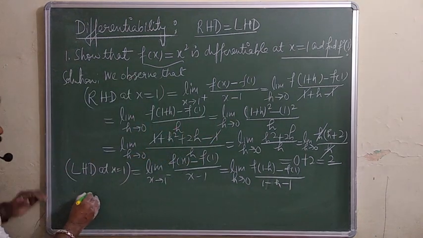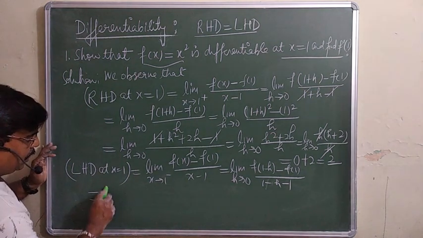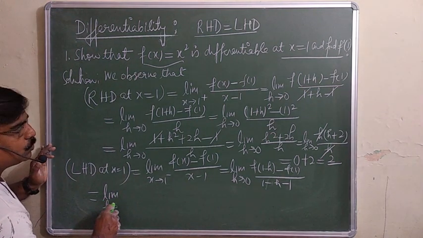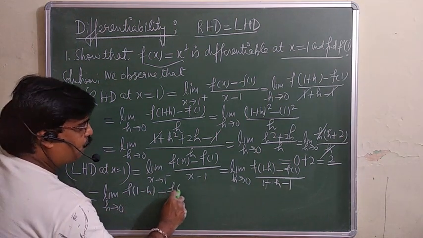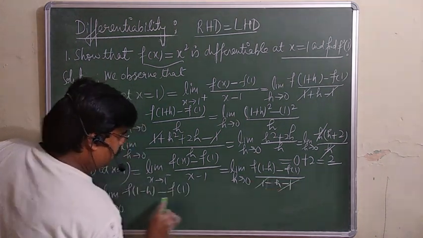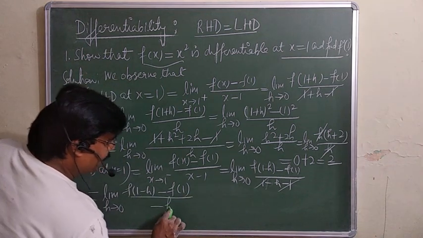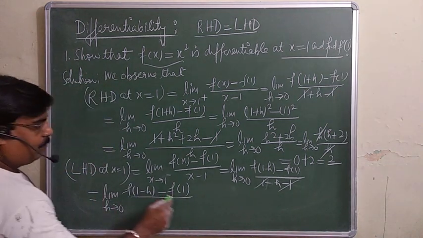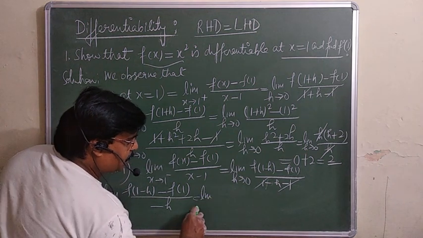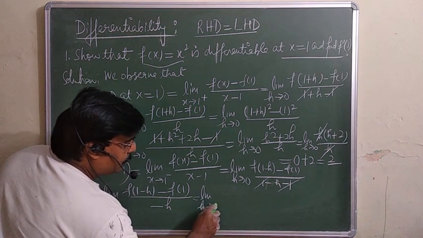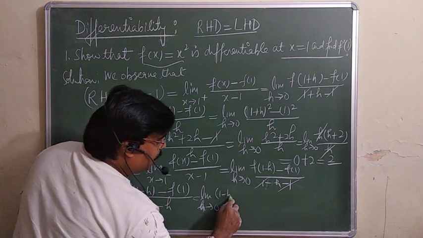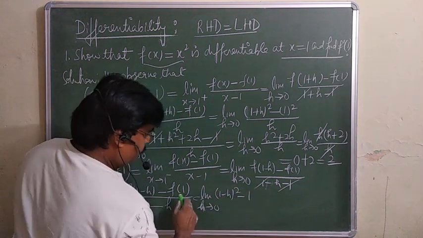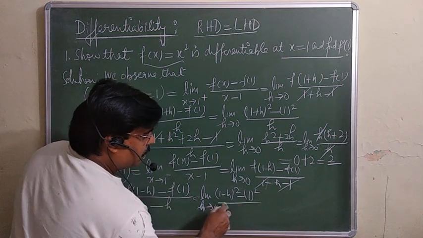Finally you can cancel, getting minus h in the denominator. Now f(x) is equal to x square, so this will be ((1 minus h) whole square minus 1 whole square) over minus h.